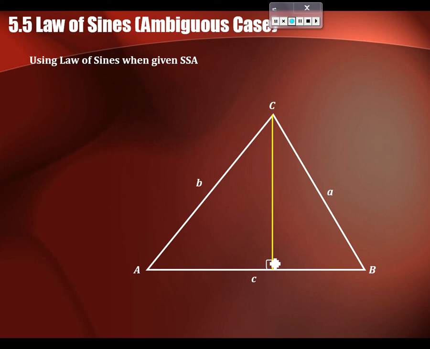What's the relationship between h, b, and angle A? Someone? Sine of A is equal to h over b. So if someone told you b and A, you could calculate h in particular. What is h?